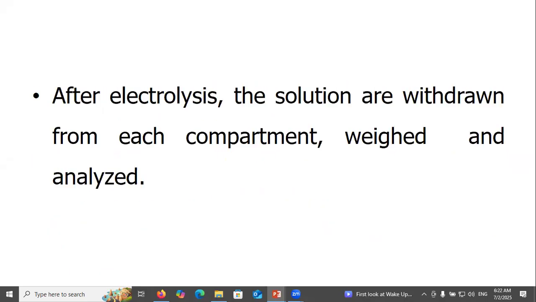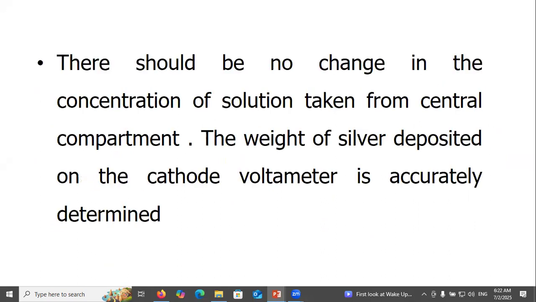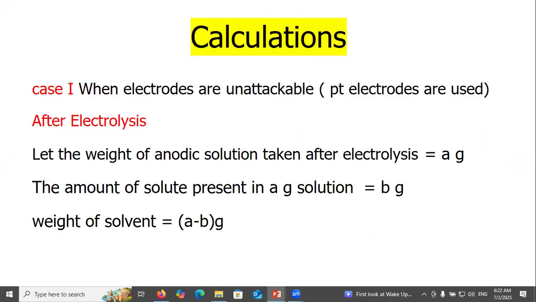After electrolysis, the solutions are withdrawn from each compartment, weighed and analyzed. There should be no change in the concentration of the solution taken from the central compartment. The weight of the silver deposited on the cathode in the voltameter is accurately determined. Calculation is first done when the electrodes are unattackable.